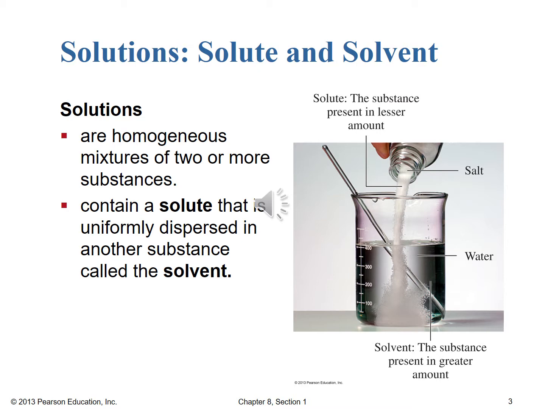They contain a solute, that's the dissolved species, that's uniformly dispersed in another substance called the solvent. And we see here on the right-hand side, the solute is the substance present in a lesser amount. Again, that could be mass or moles, depending on how we define things, now that we know the mole concept. The solvent is the substance present in greater amounts, and again, by either mass or moles.